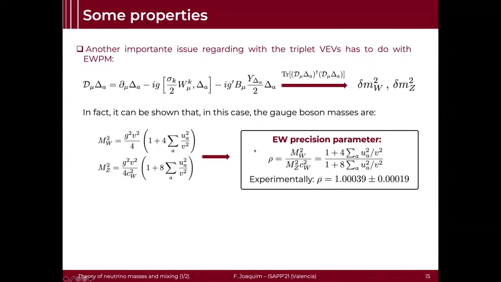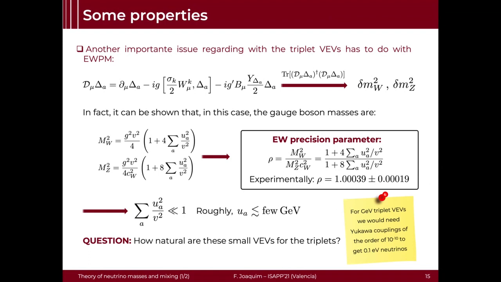So I'm sure you have talked about this rho parameter during Andrew's talks, because this is a very important precision test of the standard model, and that you should check when you add new degrees of freedom. Experimentally, this is very close to 1. In the standard model it is exactly 1, but experimentally there is this result here, and this tells us that the VEVs of the triplets must be very small, roughly below a few GeV.